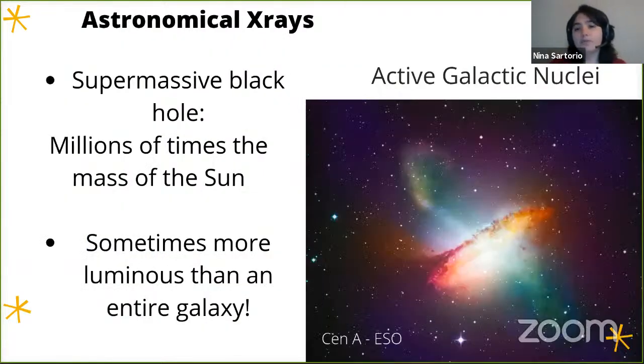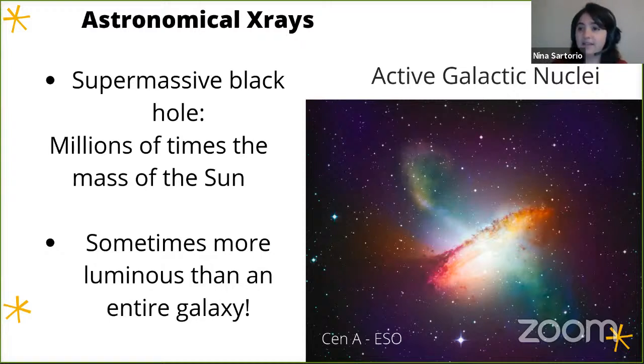Now, for AGN, for these active galactic nuclei, the thing that is accreting is what we call a supermassive black hole. Supermassive black holes have millions of times the mass of the sun. They are really huge. And they are usually found in the center of a galaxy, hence the name active galactic nuclei.